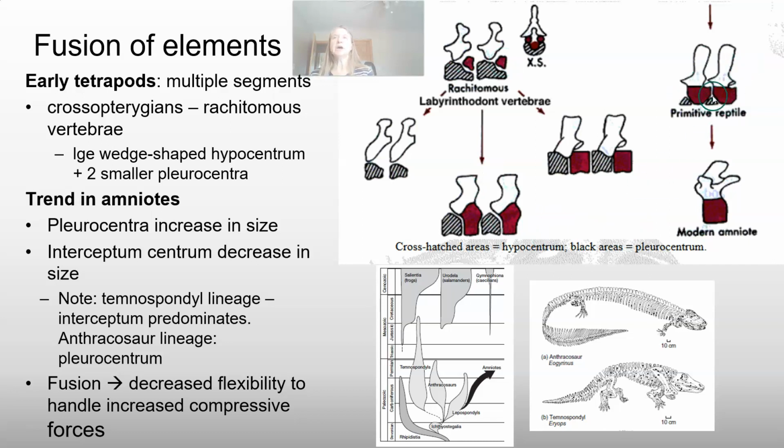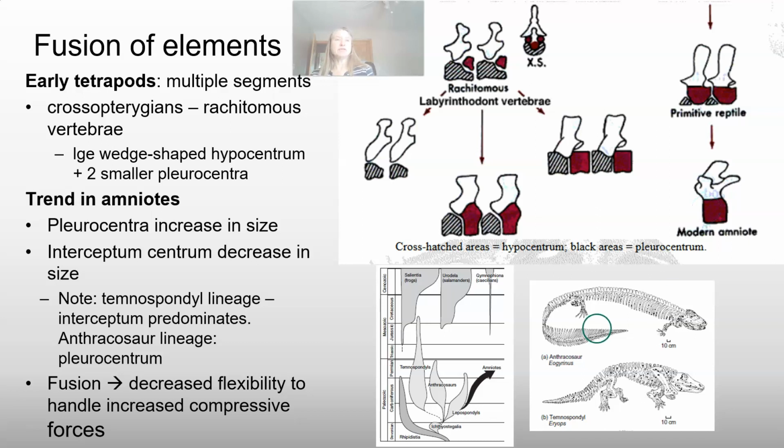So here we have a primitive reptile. The pleurocentra are a larger component, and the hypocentra are reduced in size. And then in modern amniotes, the centra are made up of the pleurocentrum.